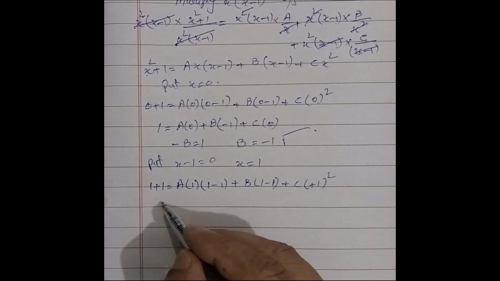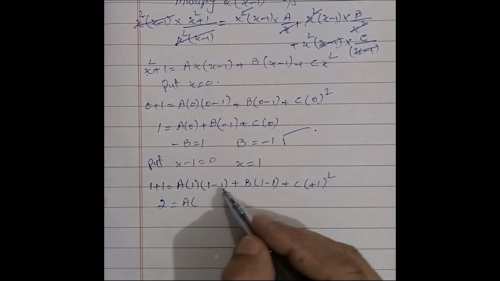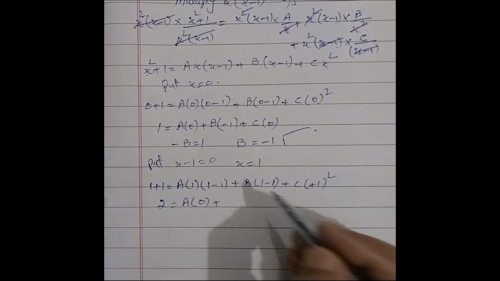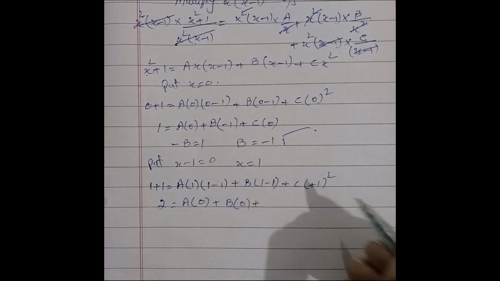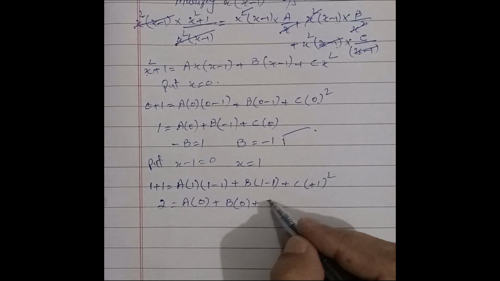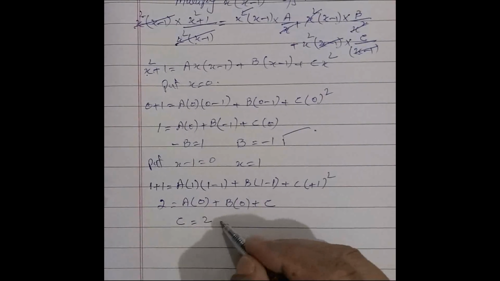Simplify these values, we get 2 is equal to a into 0 plus b into 0 plus 1 square is equal to 1, which equals c. So c is equal to 2.